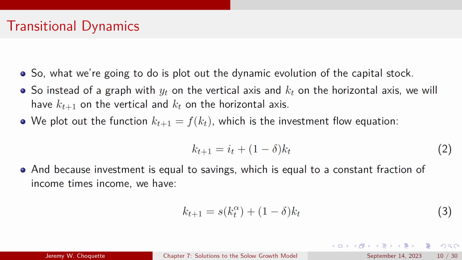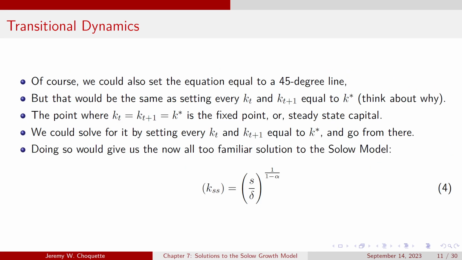And if we were to plot out the function k_{t+1} = f(k_t), it's the investment flow equation, because investment is equal to savings, which is equal to a constant fraction of income times income, what we would have is k_{t+1} = investment + (1 - delta) k_t. But of course, what we could also do is set the equation equal to a 45-degree line. And that would be the same as setting every k_t and k_{t+1} equal to k star. And I want you to think about why. If you need to pause this and think about why, feel free to do so.